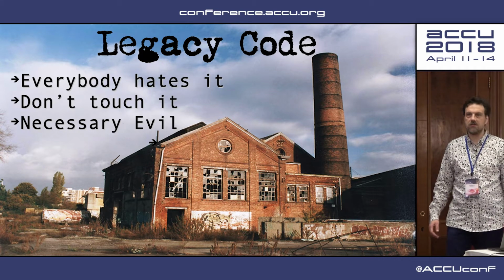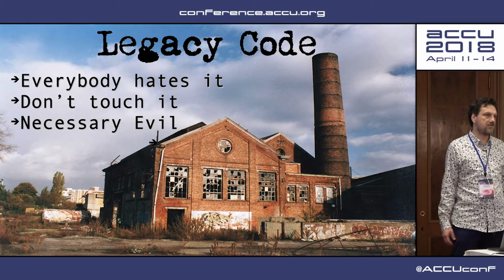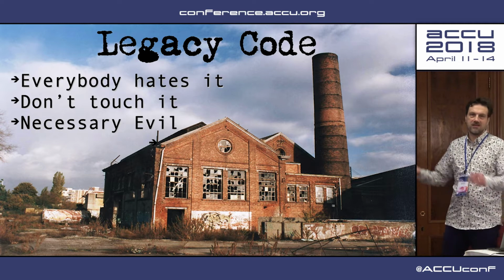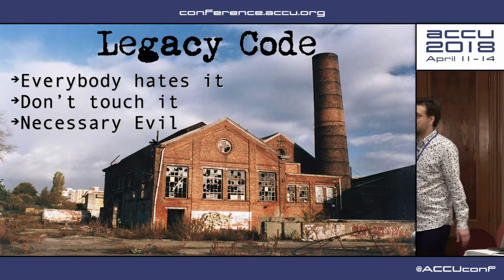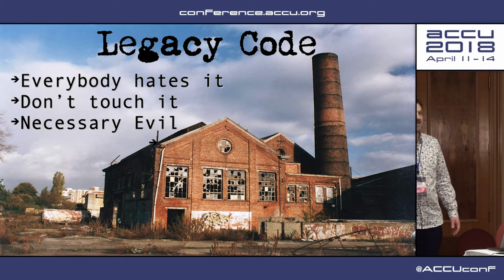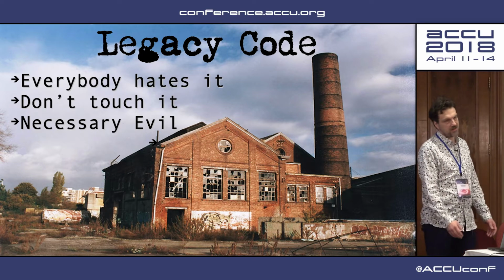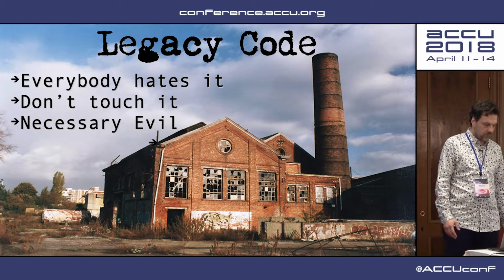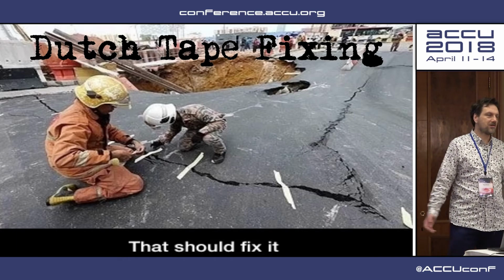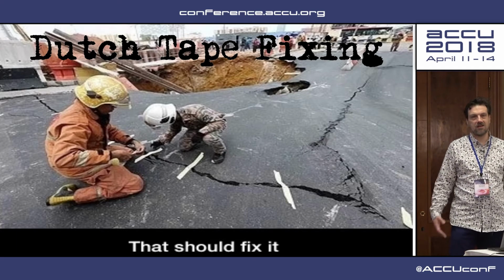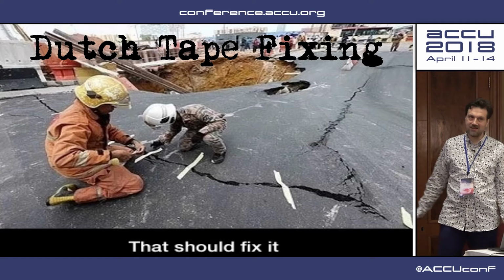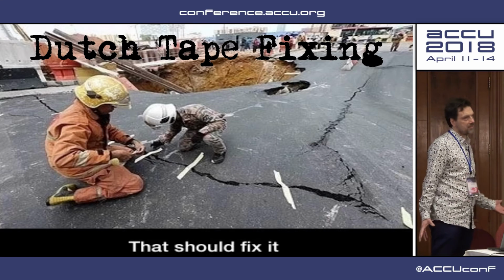So this is the usual ideal representation of legacy code, something that really nobody wants to work with. And I was myself like this. But when you work with legacy code, you usually have this kind of duct tape mentality where you don't want to touch the code.